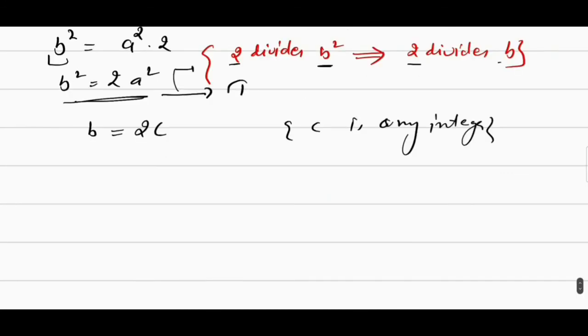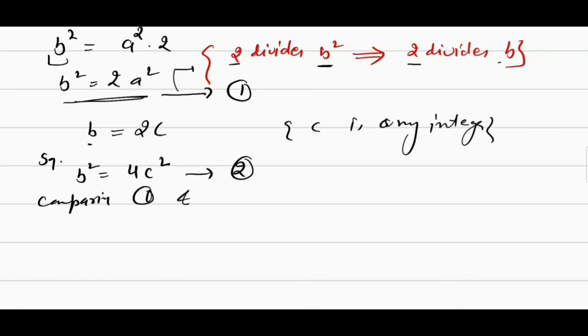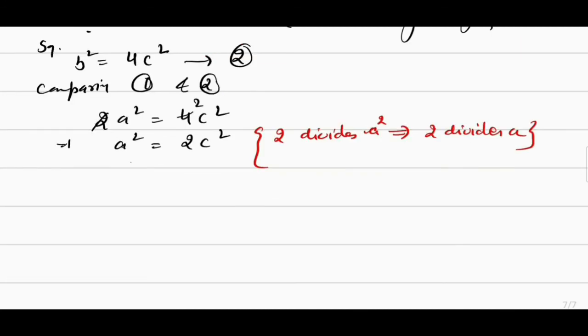I'll mark this as my equation 1, and here I'll square both sides. b square is equal to 4c square. Correct? So now compare 1 and 2. Comparing 1 and 2, we'll get 2a square is equal to 4c square. This implies a square is equal to 2c square. So from here we can say that 2 divides a square, which implies 2 will divide a also. Correct?